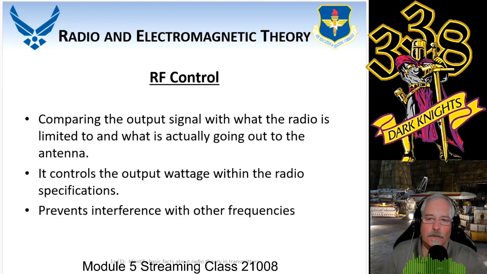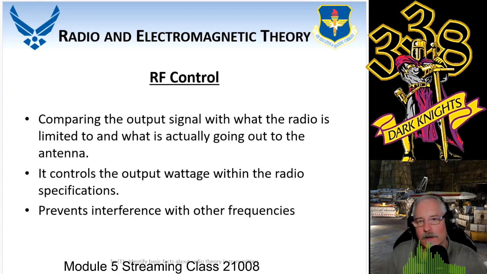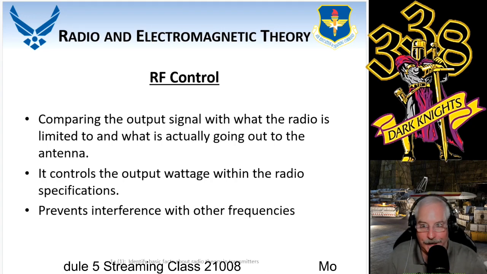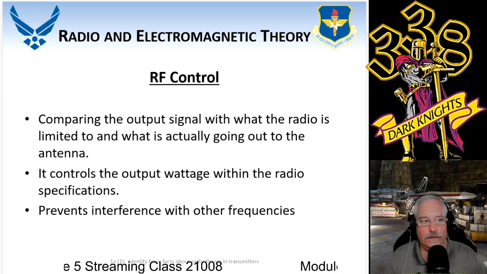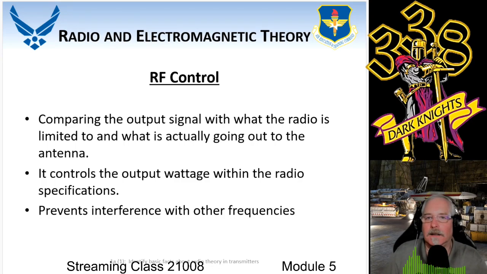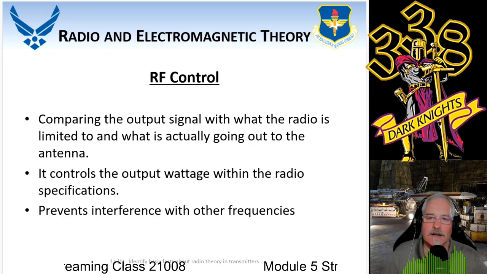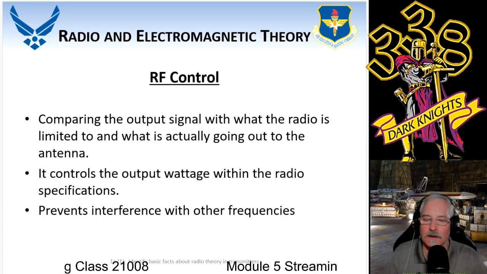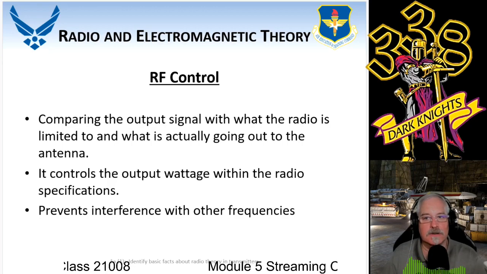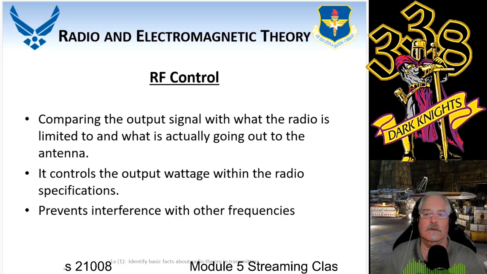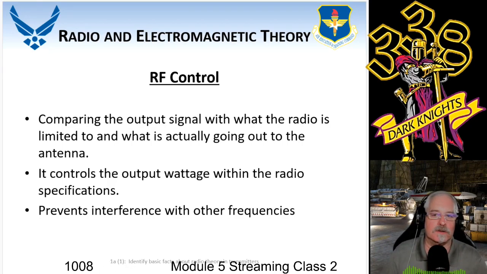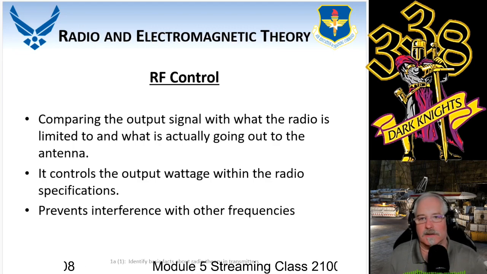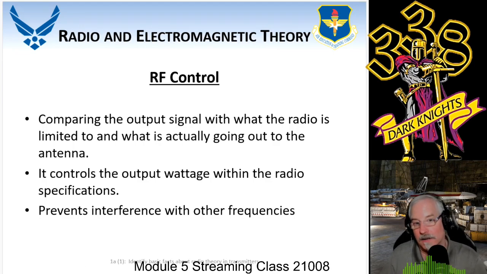I don't want my radio to produce 20 watts when it's supposed to be doing 10. The whole idea is if I blast the frequency spectrum with a lot of wattage, believe it or not, it has a tendency to spread and can interfere with other frequencies, especially if it gets mixed at a distant end, and cause interference.